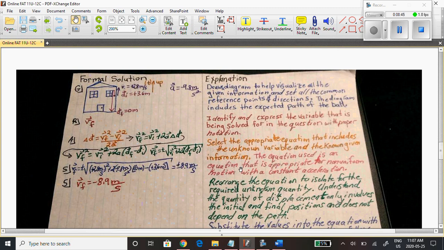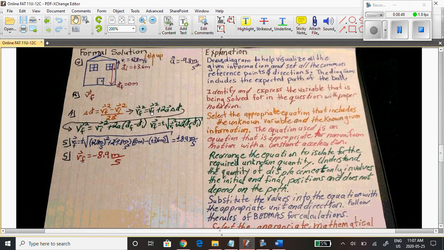All right, next, what am I doing? Look, I'm rearranging the equation all the way through. Rearrange the equation to isolate for the required unknown quantity. Understand the quantity of displacement only involves the initial and final position and does not depend on the path.